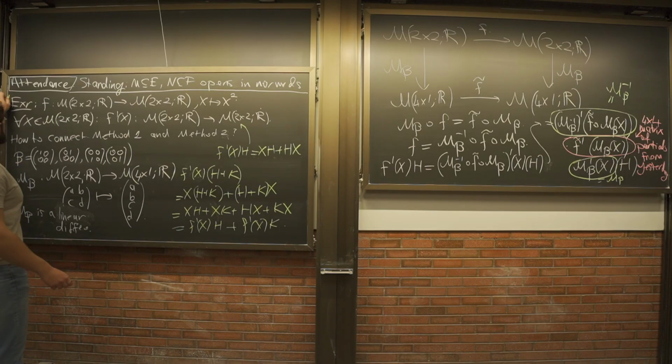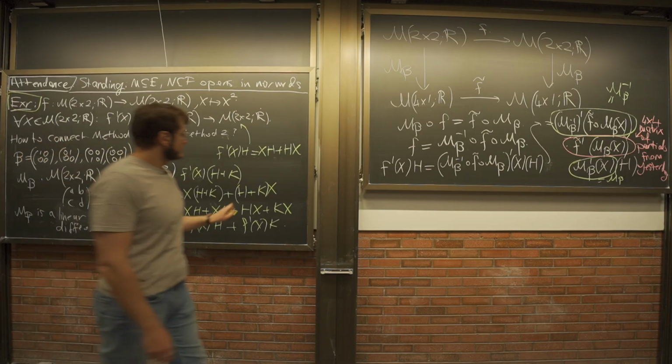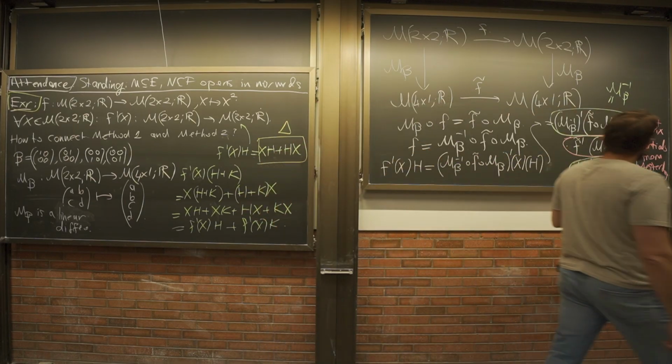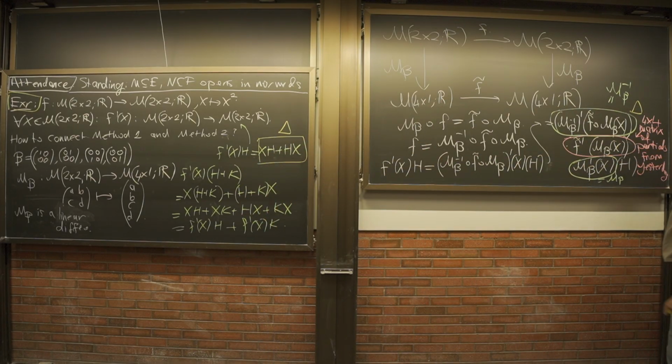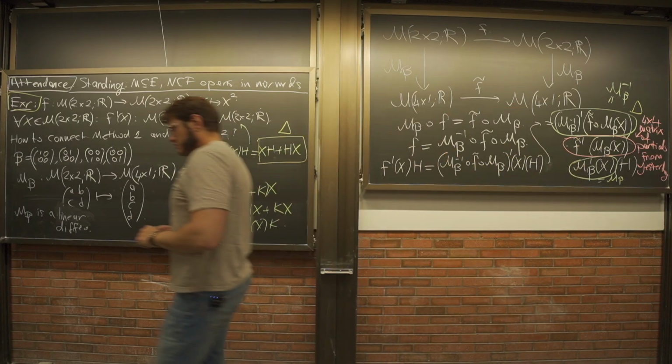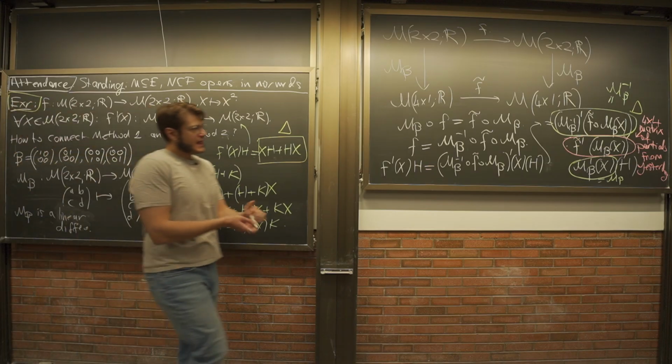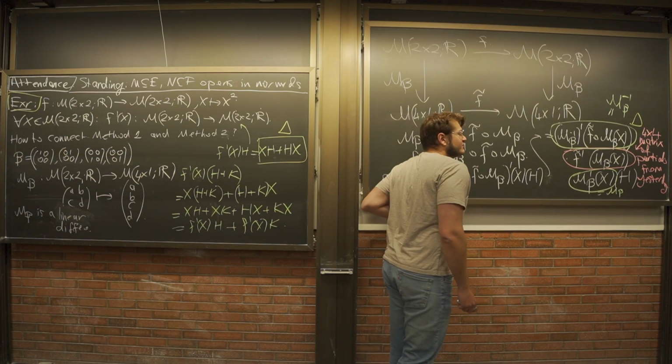So the exercise, triangle is the same as this triangle. So this is the cost of using this formalism, okay? Somehow it gets harder and harder to keep track of what is happening.